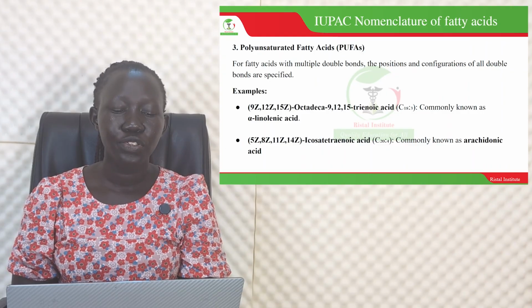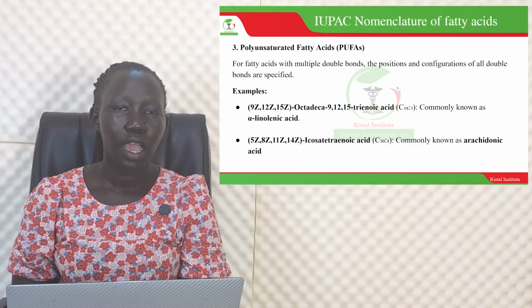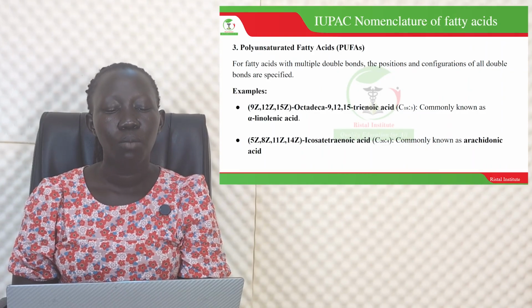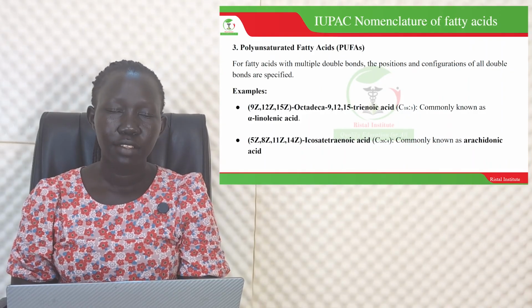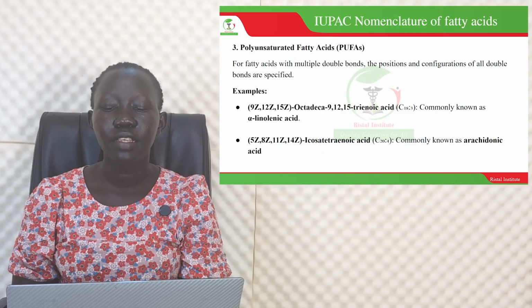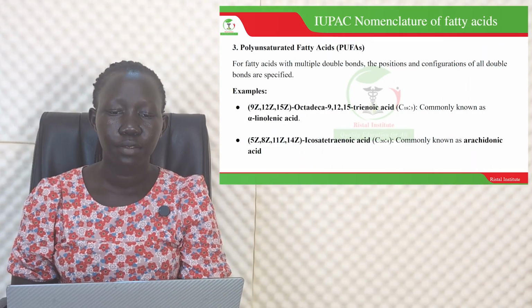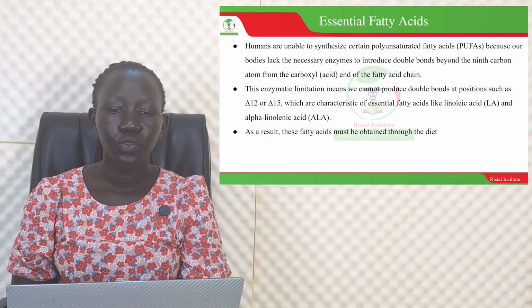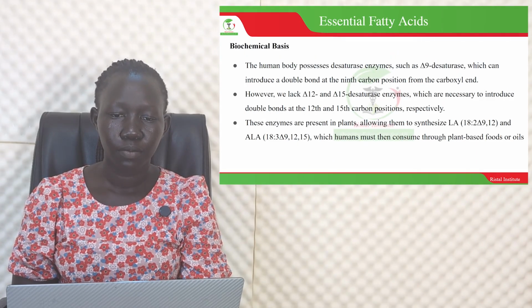Each of these double bonds occurring, 1 at carbon 5, 2, carbon 8, 3, carbon 11, and 4, carbon 14. And they are Z because they are occurring on the same side. The common name here is arachidonic acid. So this is the nomenclature of fatty acids.